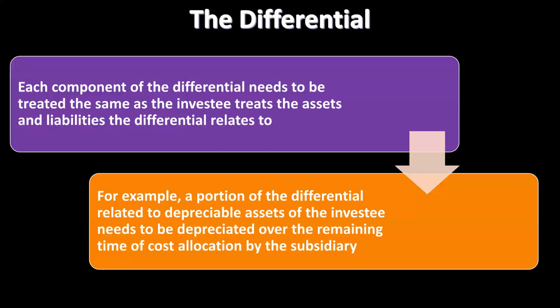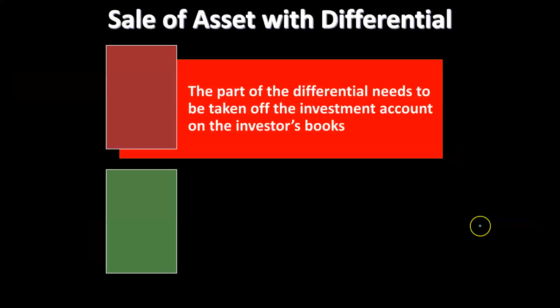So if there was more paid for the stock than the net assets, and that's due in part to the fixed assets being worth more than the book value on company S, then we increase the fair value, and we also treat that added increase the same as the subsidiary would for that account, which means we have to depreciate it, allocating the cost over the useful life in some way, shape, or form.